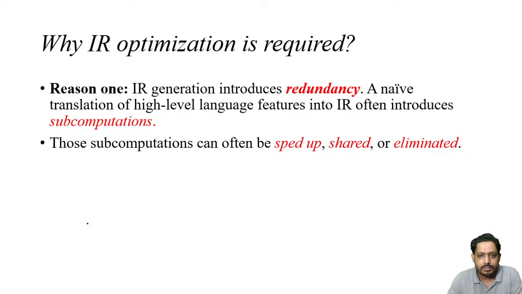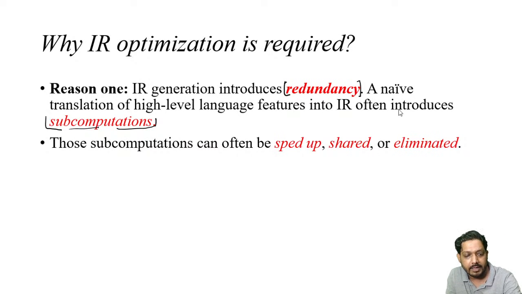The first reason is IR code is generated by machine, and it may introduce redundancy. So there may be some redundancy present, and a naive translation of high level language features into IR often introduces subcomputation. Subcomputation can be sped up, shared, or eliminated. So this is the idea of IR optimization.